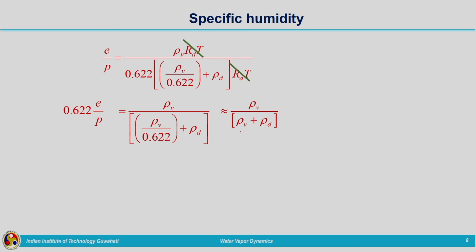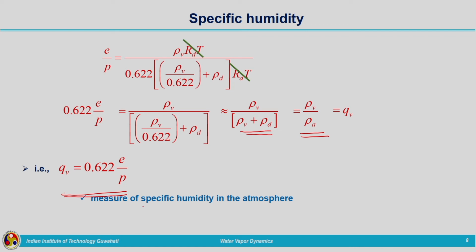What is rho v plus rho d? It is the density of water vapor plus the density of dry air, which is the density of moist air. That can be written as rho v divided by rho a, which is our specific humidity. So, specific humidity Qv can be written as 0.622 E by P.